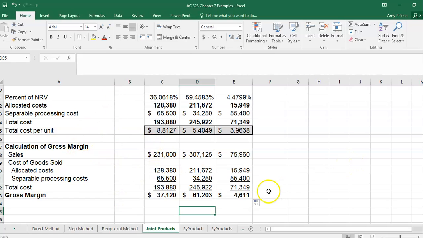And that is the net realizable method of allocation of joint costs. Each method, of course, gets a different unit cost and a different gross margin for our product lines.